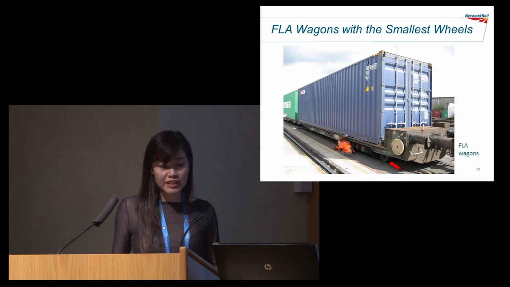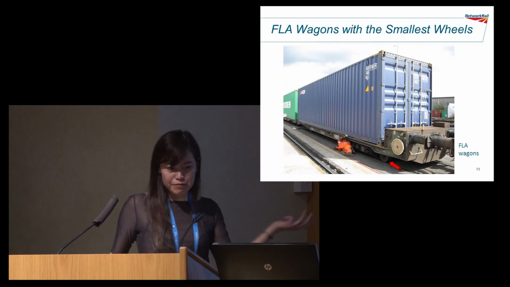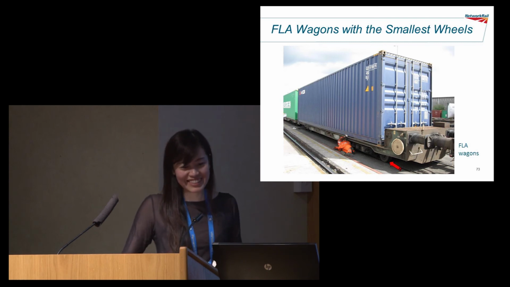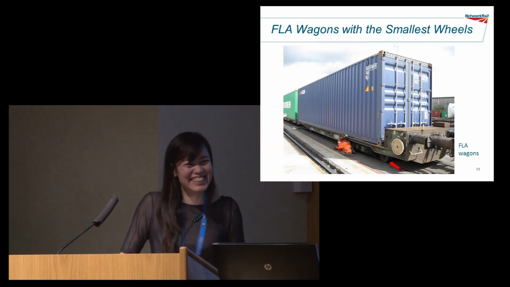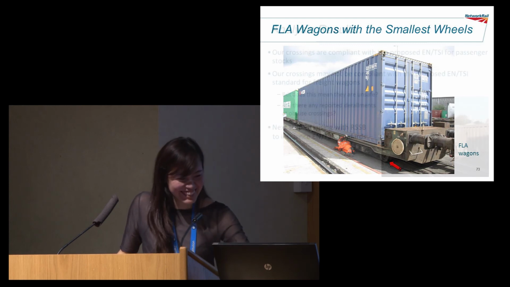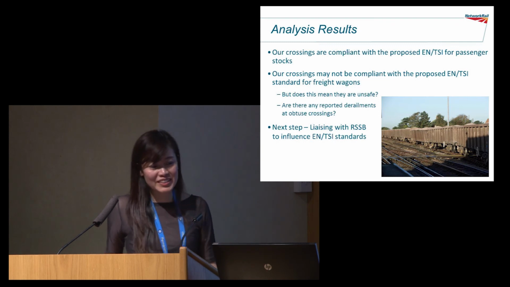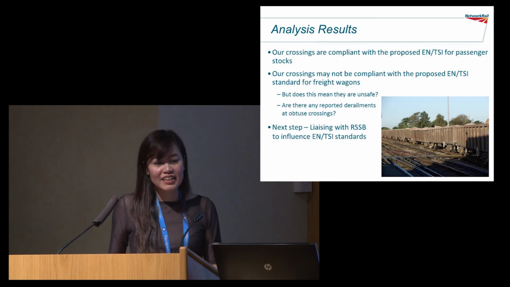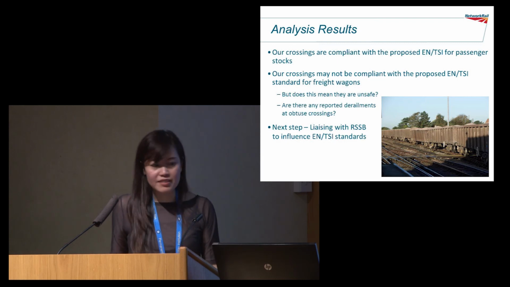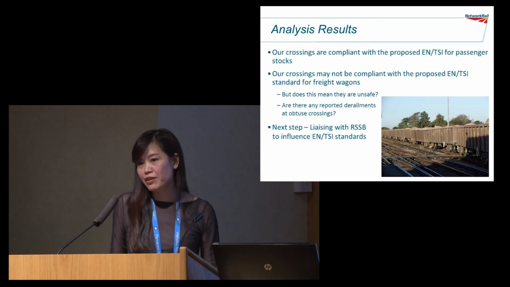We have loads of these because of the container wagons from Freightliner, you can't even fit a person underneath it. So the analysis result is that our crossings are compliant with the proposed EN TSI for passenger stock, sort of, but our crossings may not be compliant for freight wagons.